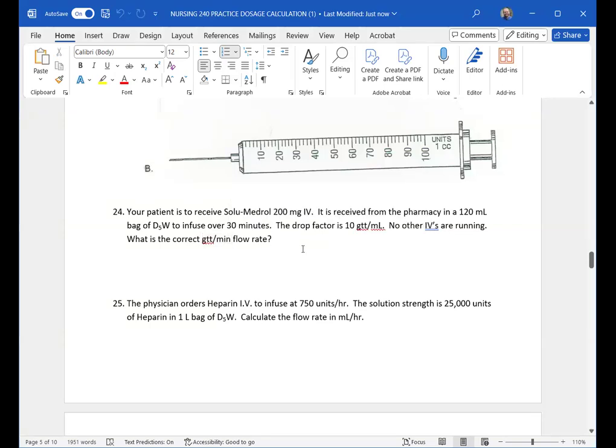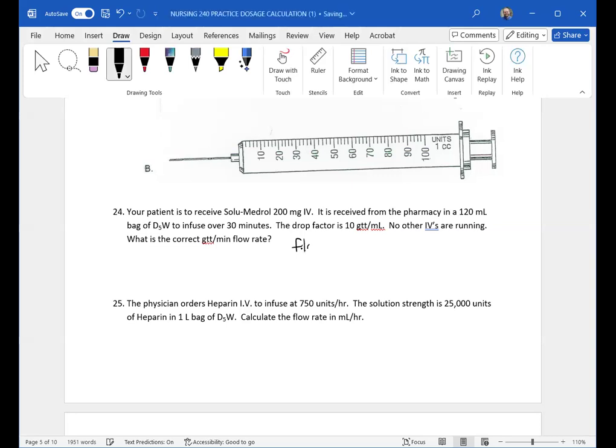So when we're calculating drop rate, we need two pieces of information. You've probably heard me say this before. You need the flow rate and you need the drop factor. What I don't need is to know what is flowing in the flow rate. So when it tells you Solu-Medrol and 200 milligrams, we really don't care about those things.